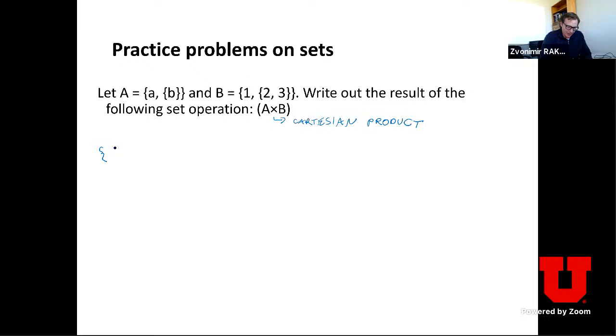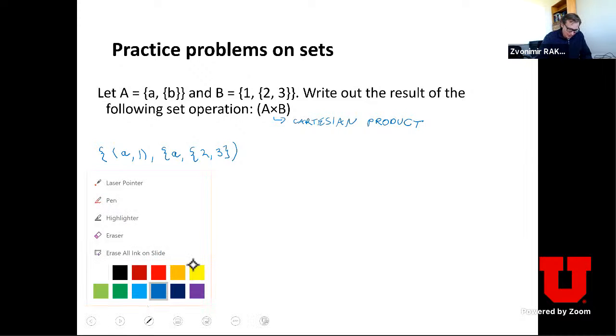The first pair is going to be, the order doesn't matter, A, comma 1. And then we have A, comma set 2, 3. And I messed up this one, this should be parentheses.